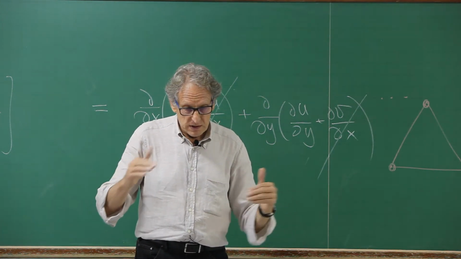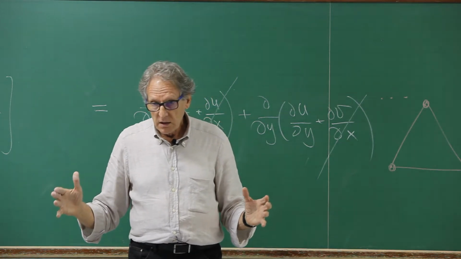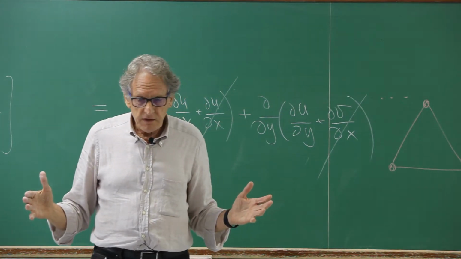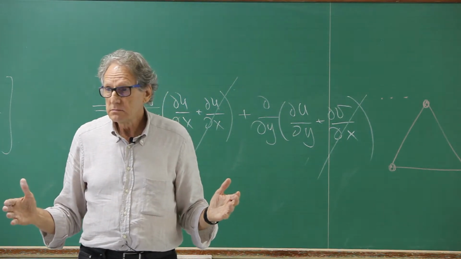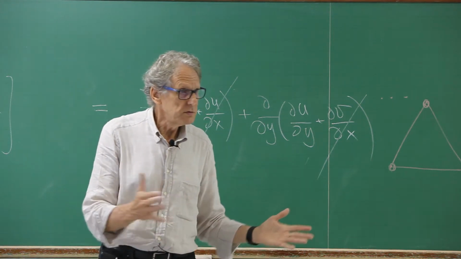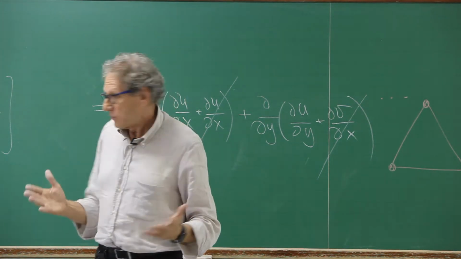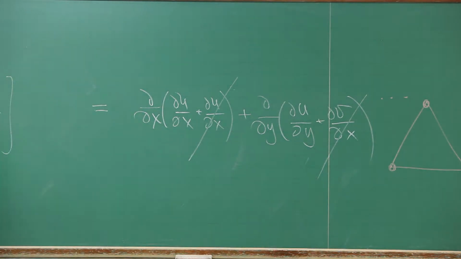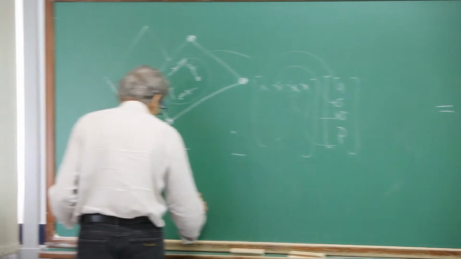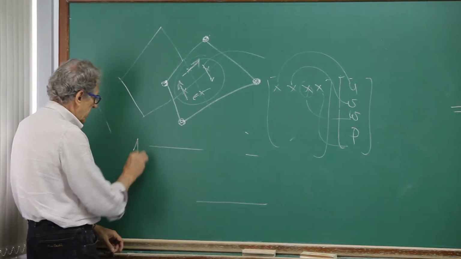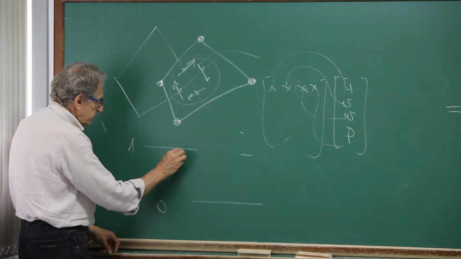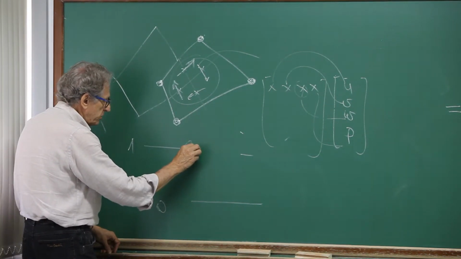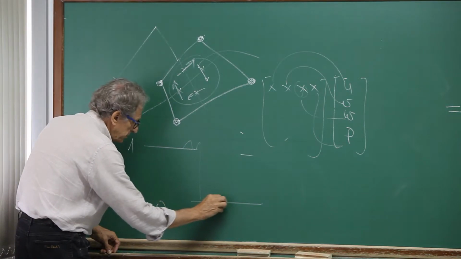If your solution ranges from 0 to 1, you cannot have values like 1.1 or minus 0.2. If your solution is bounded between 1 and 0, your solution cannot have overshoots and undershoots.